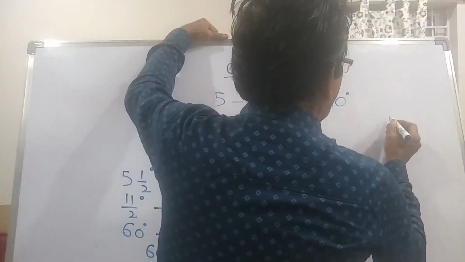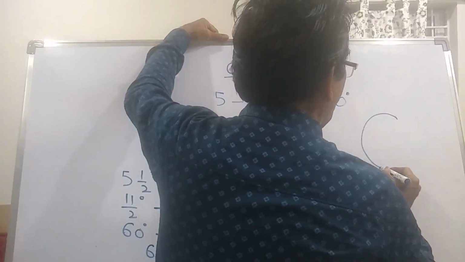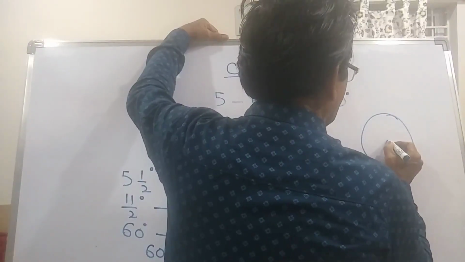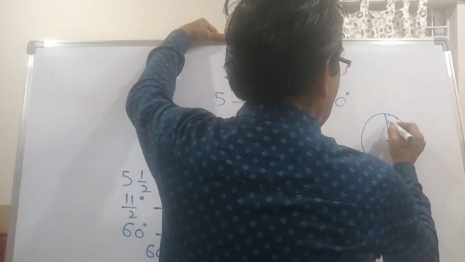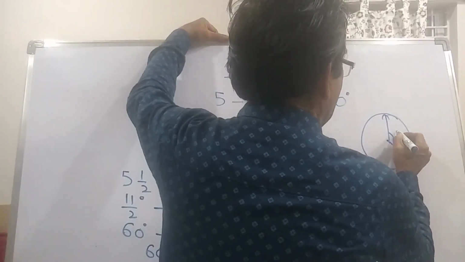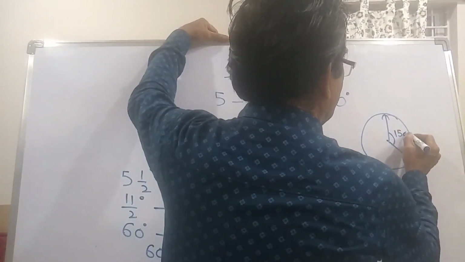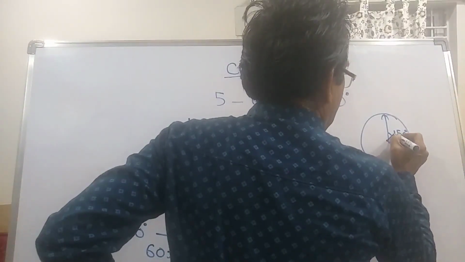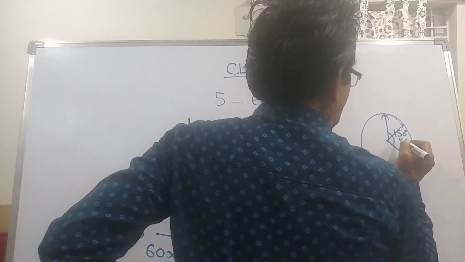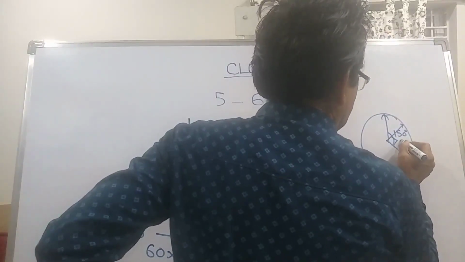So we will have one more time. See friends, look at this. It is 5 now, and the angle between the hands is 150 degrees. Roughly at 5, 10 by 11, the angle will be 90 degrees.